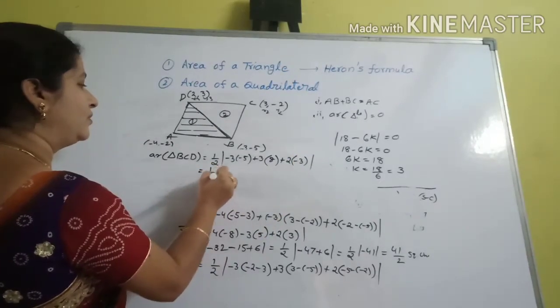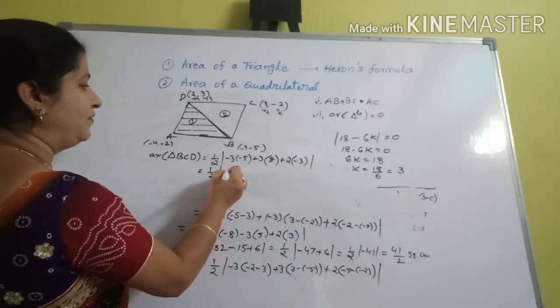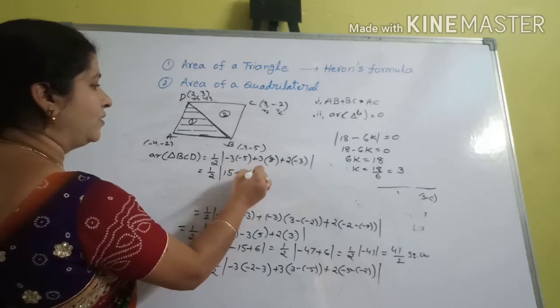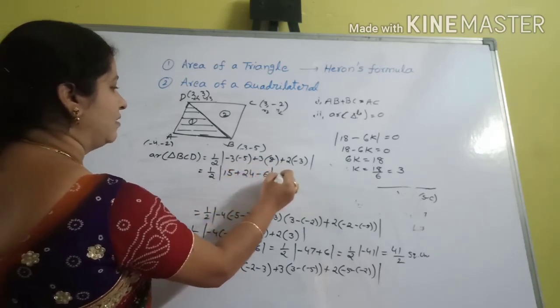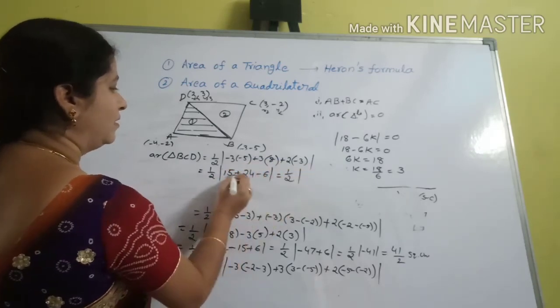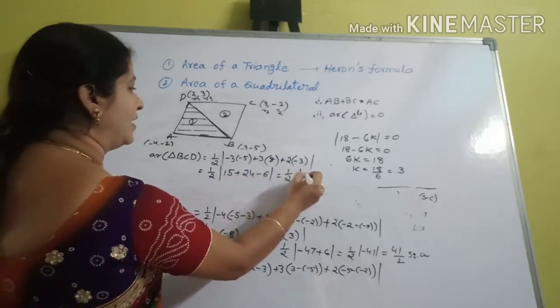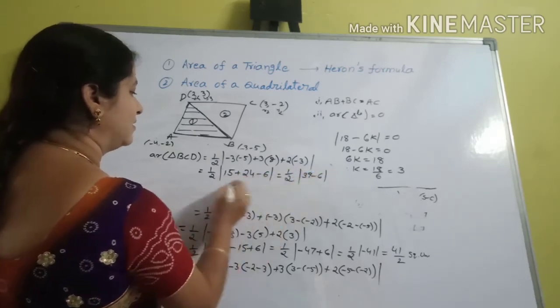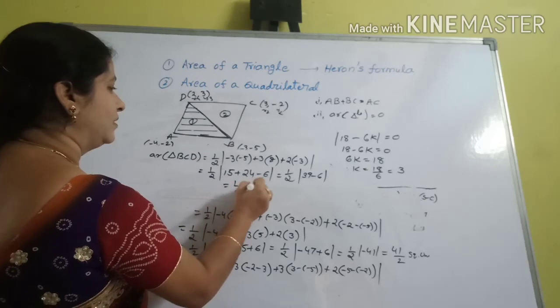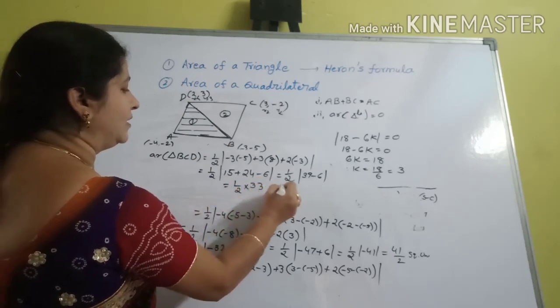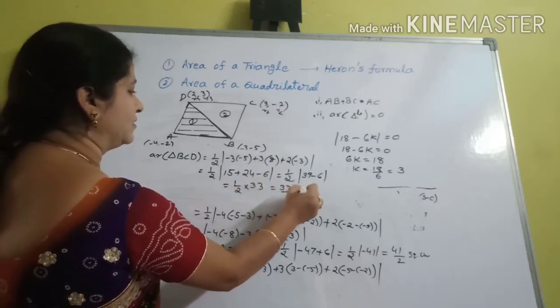So half into minus 15, 24 minus 6. So half into 15, 24, 39 minus 6, 33. So it is 33 by 2 square units.